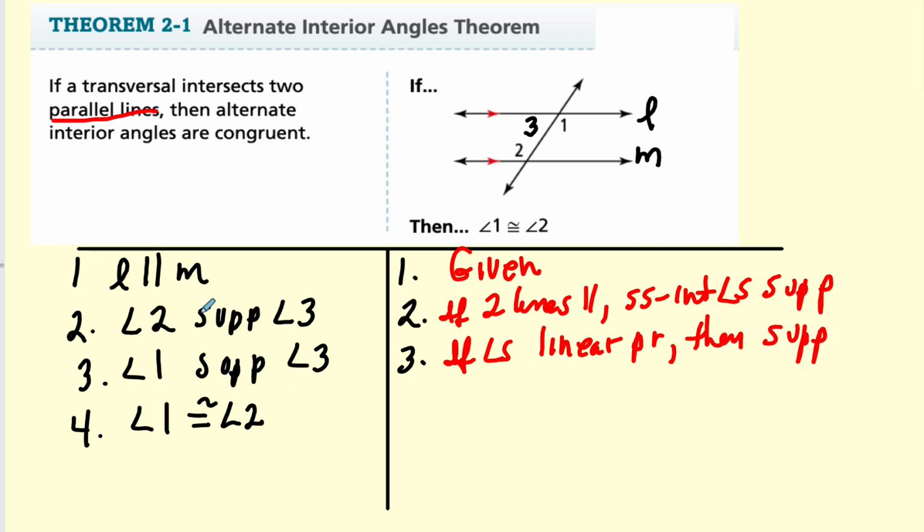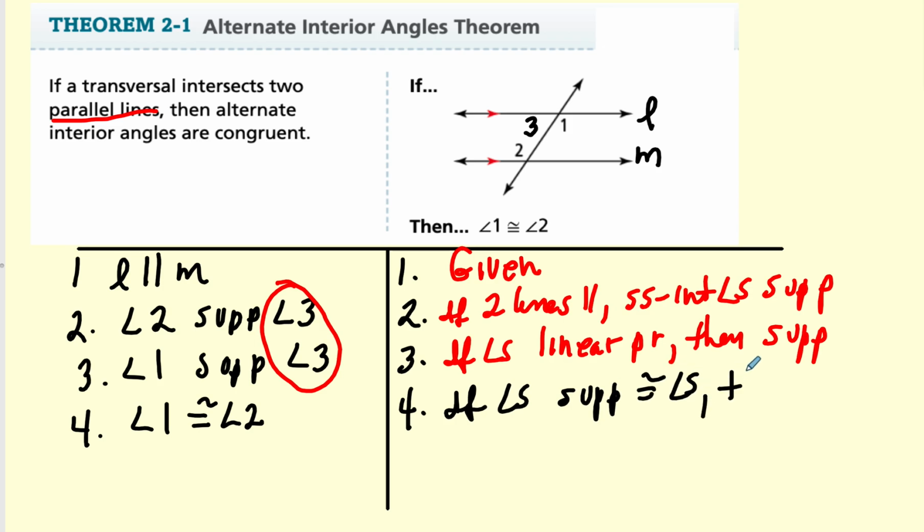Okay, so I have two supplementary sets here, and they look like they're supplementary to the same angle, and when they're supplementary to the same angle, the buddies are congruent. So the reason is a theorem that we had in the last chapter. If two angles are supplementary to congruent angles, then those angles are congruent. And so that's how we do the proof.